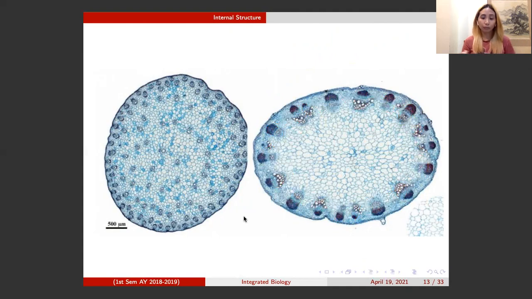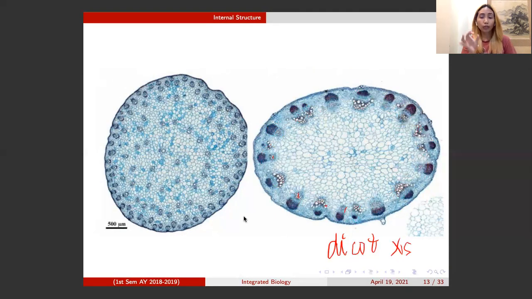Okay. So in this dicot cross section, we have a vascular cylinder. Nakikita niyo yung bawat isang vascular bundle naka-arrange siya cylindrically. Right?